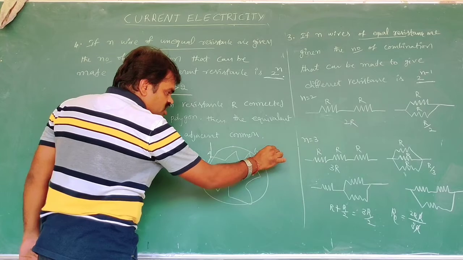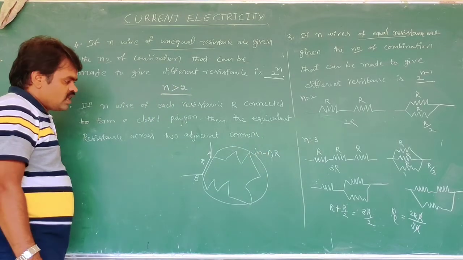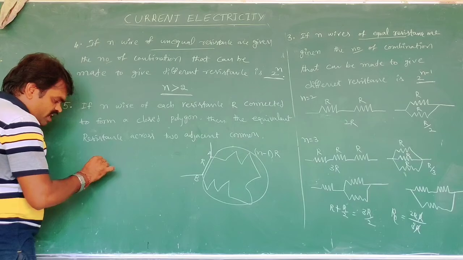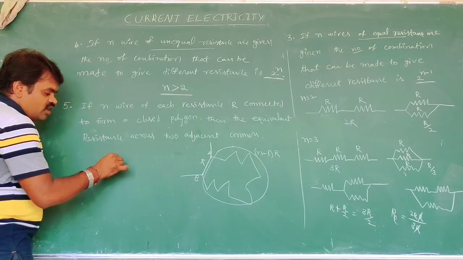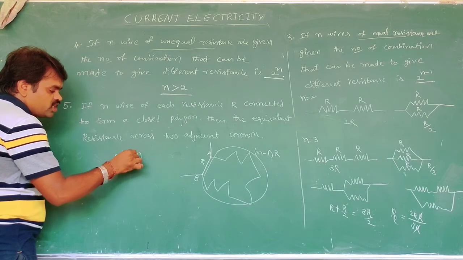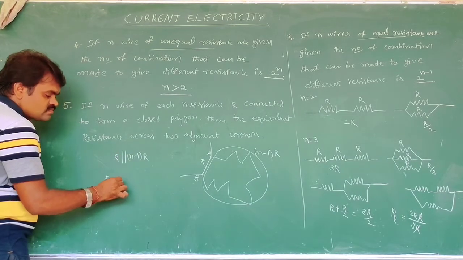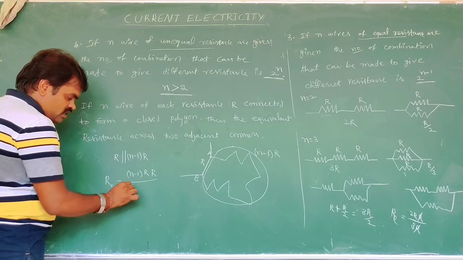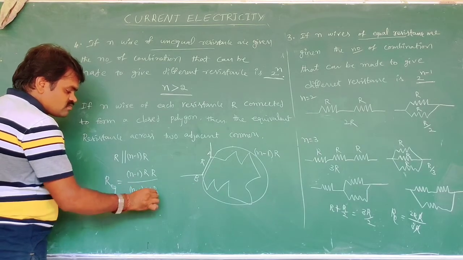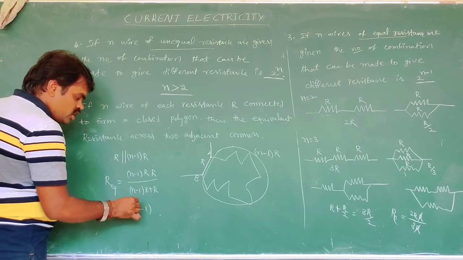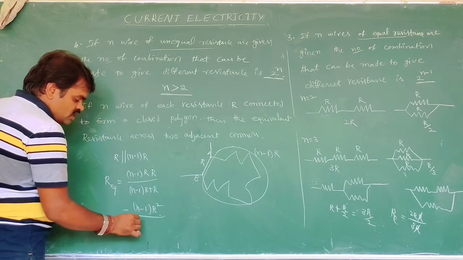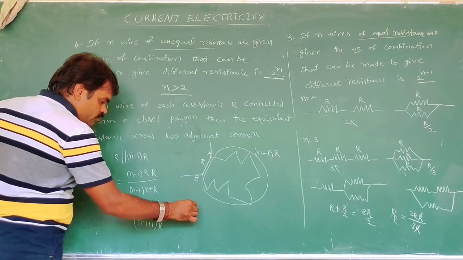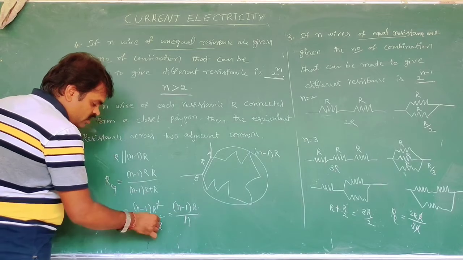These n minus 1 are in series combination, so it is n minus 1 into R. This is in parallel with R. Then the equivalent resistance is n minus 1 into R by n minus 1 into R plus R, which gives n minus 1 into R square by n minus 1 plus 1 into R. R cancels, and we get n minus 1 into R by n.